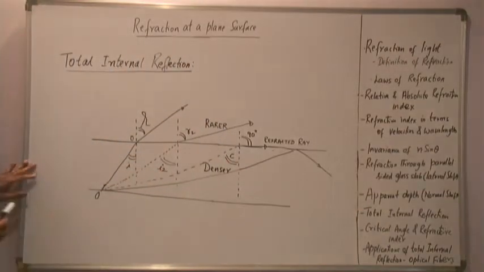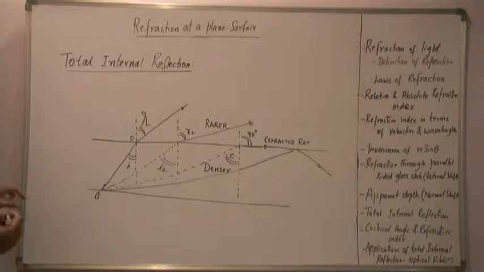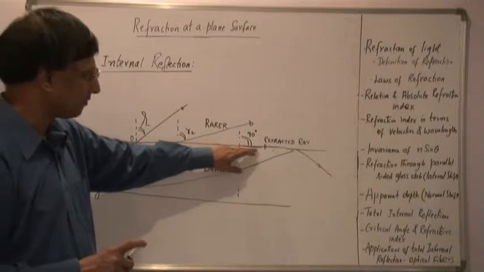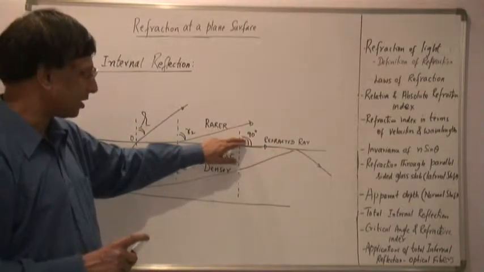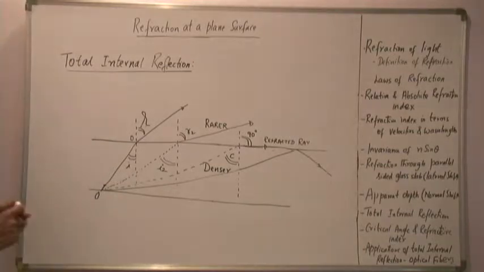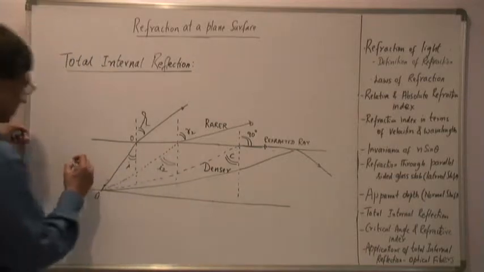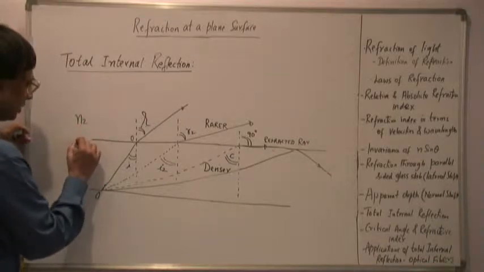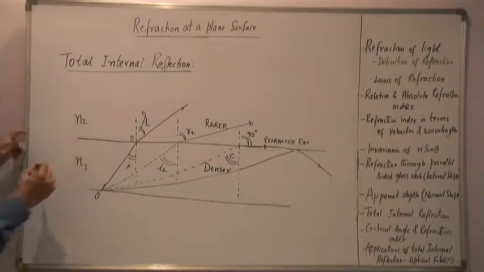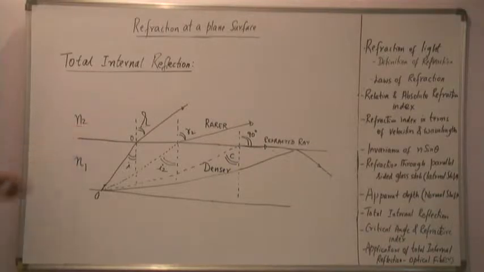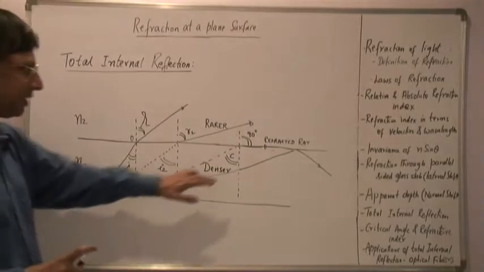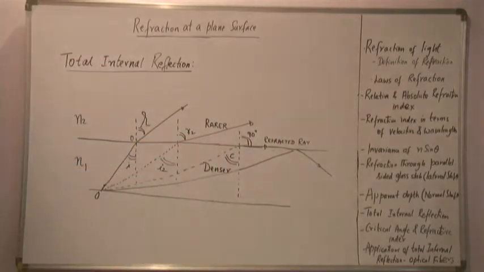Let me retain this diagram for the time being as I work this out. We mentioned that for critical angle, the refracted ray makes an angle of 90 degrees with the normal, and therefore if C is the critical angle, then let us assume that N1 and N2 are the refractive indices of this denser medium and rarer medium, and light is traveling from denser medium to rarer medium, and we are observing the refracted ray at 90 degrees to the normal.